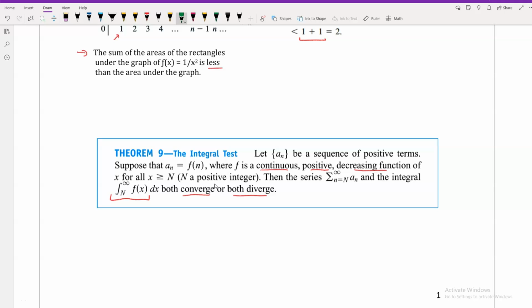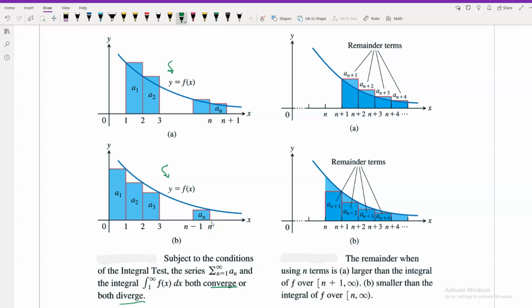Again, the conditions for the integral test are that our function is continuous, positive, decreasing. We have the same thing on this part: our function is continuous, positive, decreasing, and here on the right side we have remainder terms.